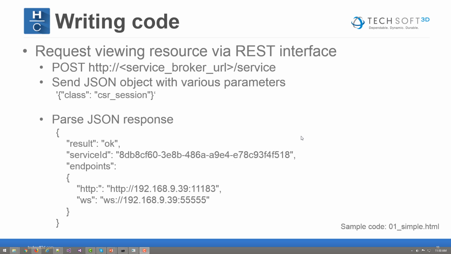So again, this is what we send, and this is what the server is going to respond back with. In the event that the result is not okay, something like the server is out of capacity or the model isn't correct or something along those lines, the result will be error, and then we'll get an error string there.